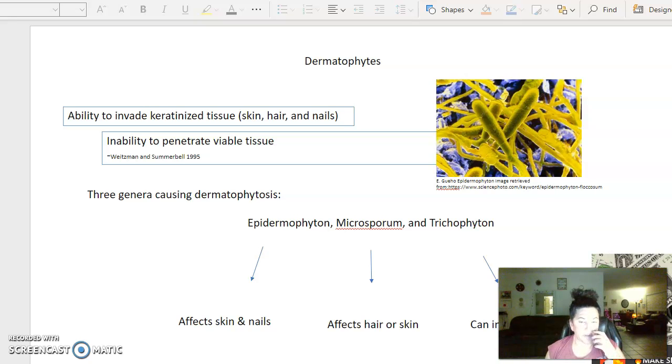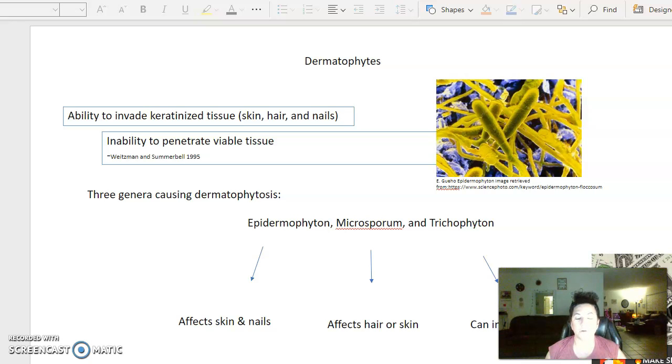These different guys affect different parts of the integumentary system. Epidermophyton affects the skin and nails, microsporum affects hair or skin, and trichophyton can infect the hair, skin, or nails. As I said, ringworm is caused by the dermatophytes. They usually hang out in the top portion of the epidermis.